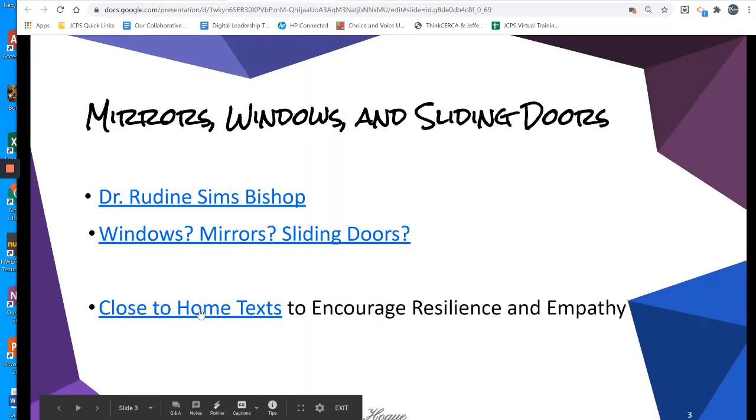One of the reasons this idea of mirrors, windows, and sliding doors resonates so much with me is that I set out on a journey from undergrad where I was challenged in one of my children's literature courses by Dr. Leah Smith to develop a diverse unit of study that looked at fairy tales.